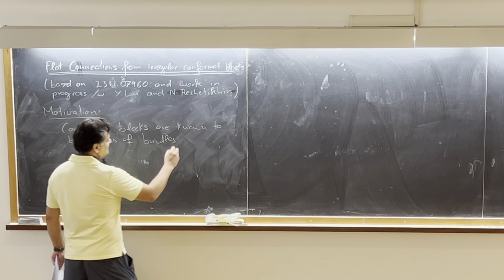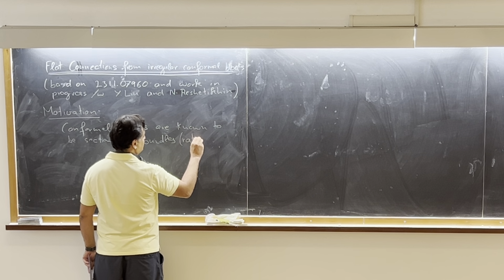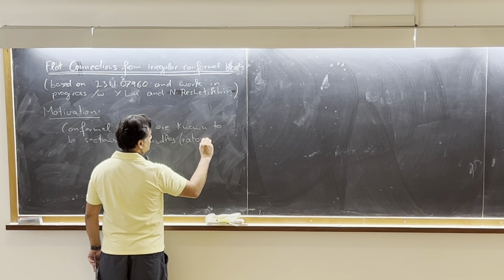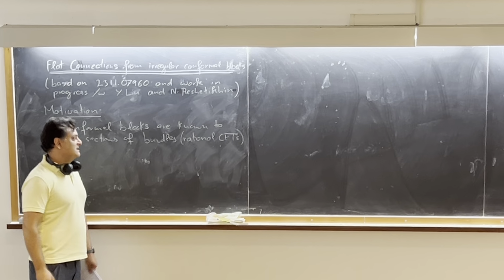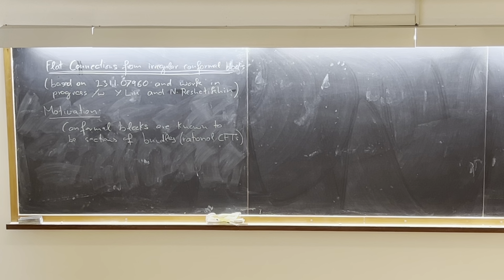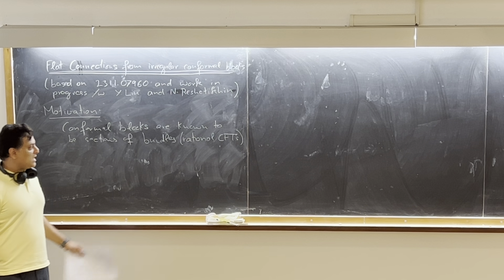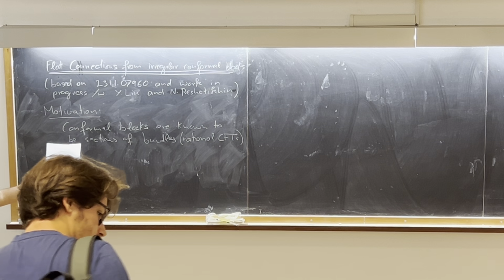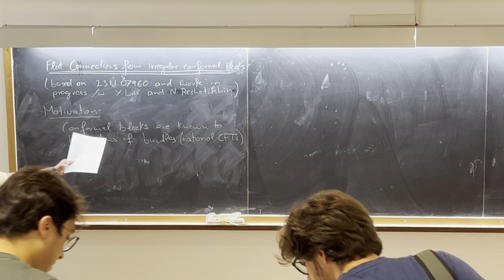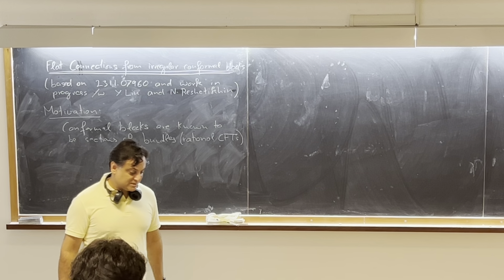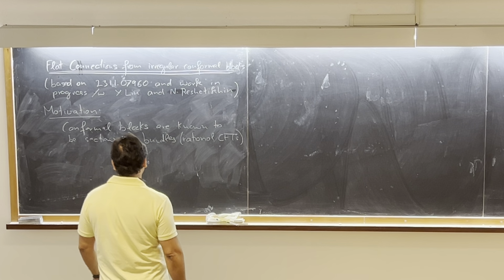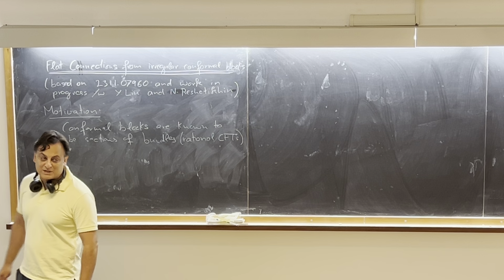And this is definitely true, and everyone is familiar with this story, for the rational CFTs. And there are some analogous statements for the other cases. This usually refers to conformal blocks with insertions of primaries, which are highest weight representations of the Virasoro algebra.